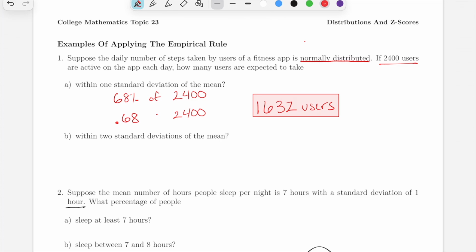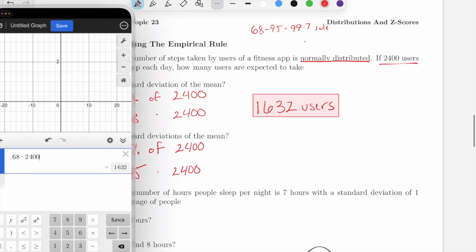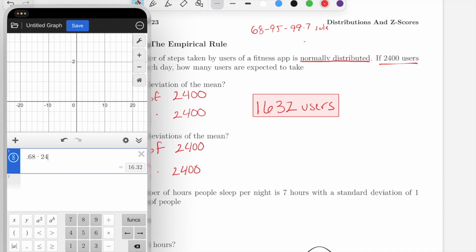And when it says within two, well, remember, we know that it's the 68, 95, 99.7 rule, right? So within two standard deviations will be 95% of 2,400 users, or 0.95 times 2,400. That's 2,280.